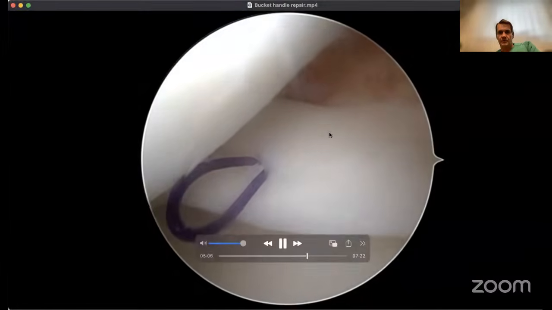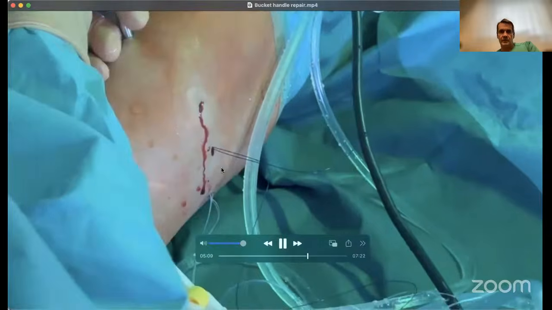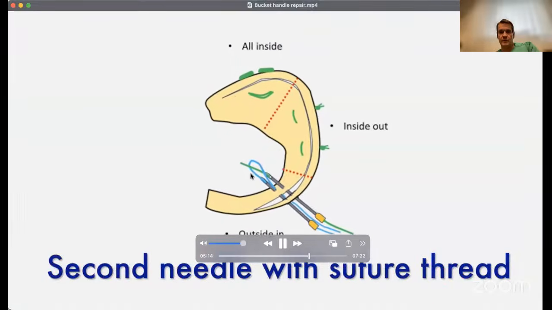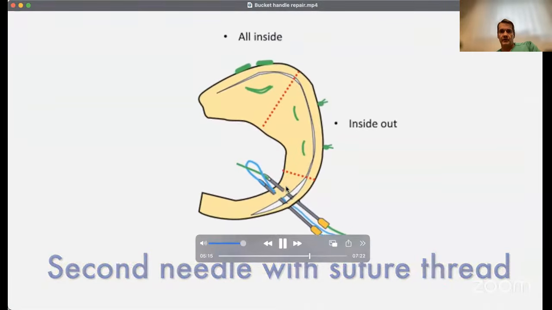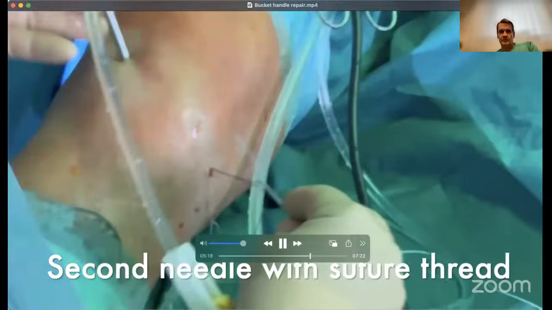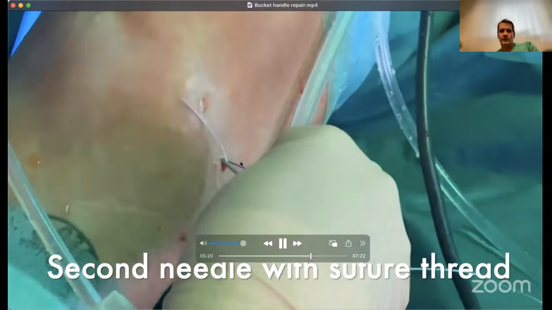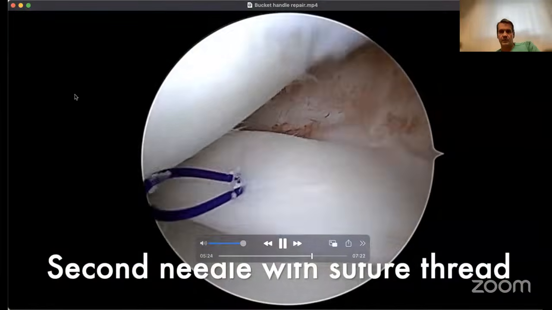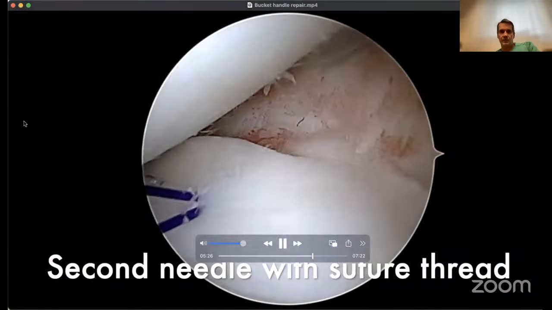Here you see the non-braided suture material, which can be used for the suture loop, and then advance another needle and push the suture through the suture loop.